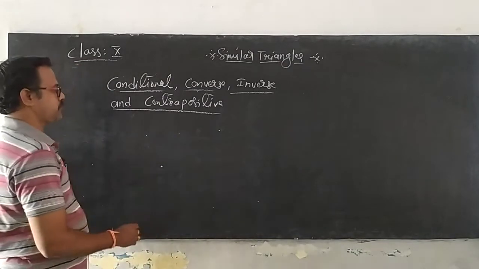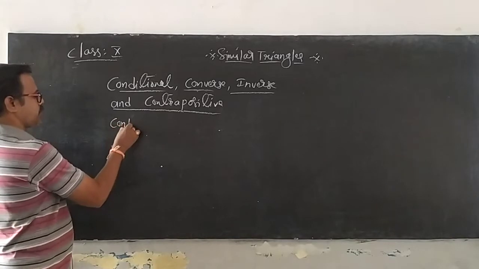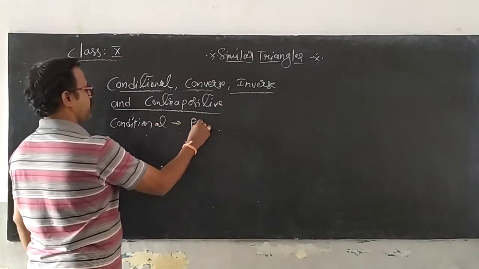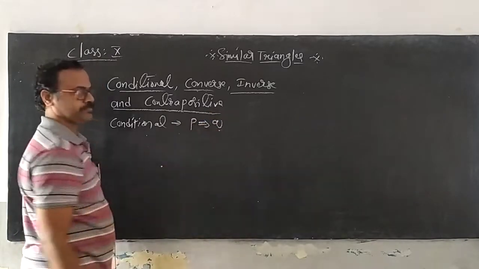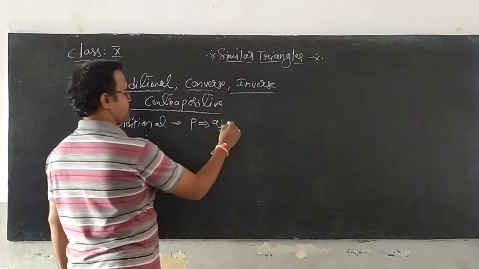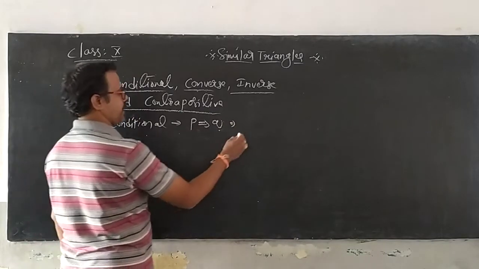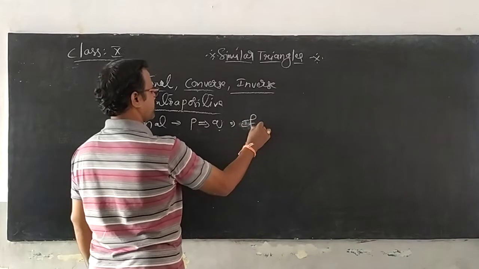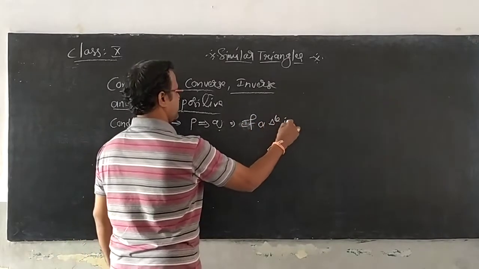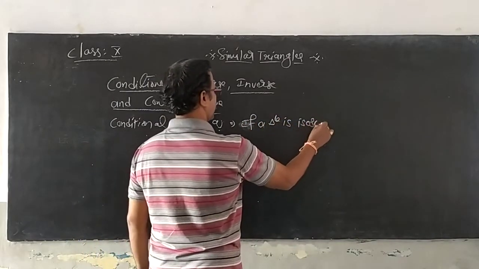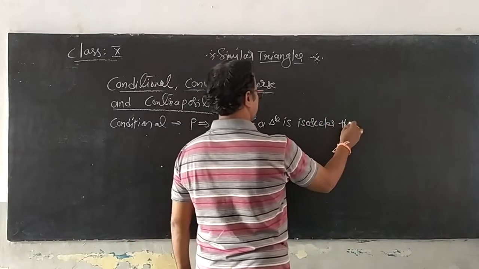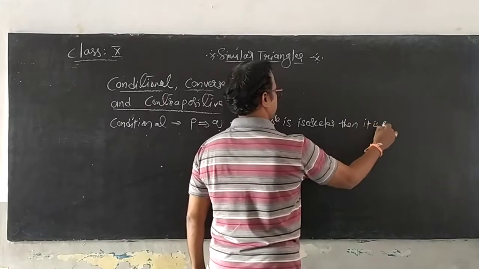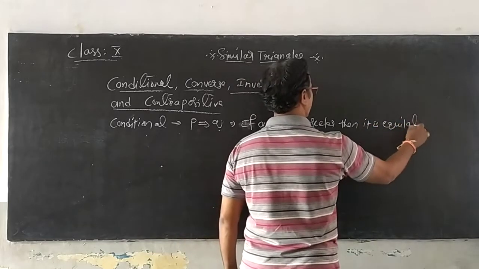So what is this? Suppose the conditional is P implies Q. That means if I take the P statement as: if a triangle is isosceles, then it is equilateral.